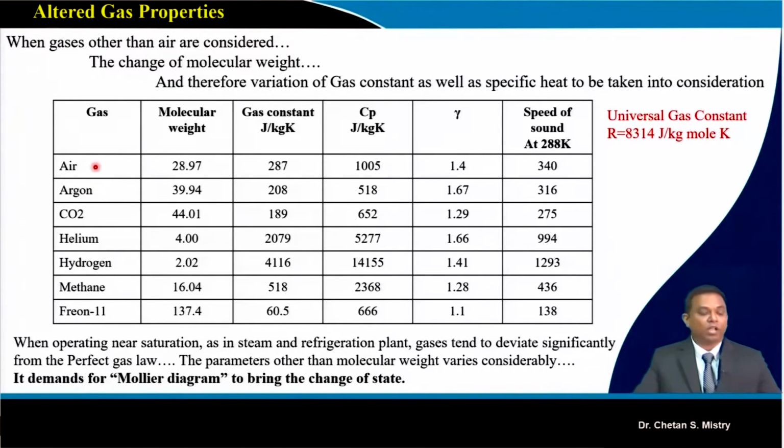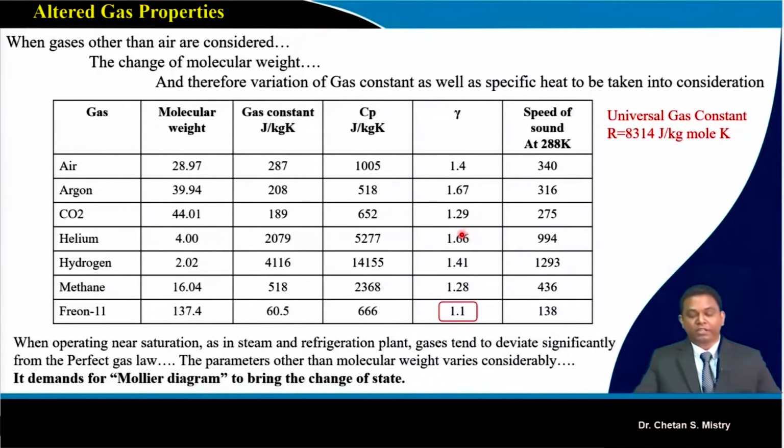We will see what the importance is. Here it represents the gases, molecular weight, gas constant, specific heat ratio, and speed of sound, which is root gamma RT, at a temperature of 288 K.